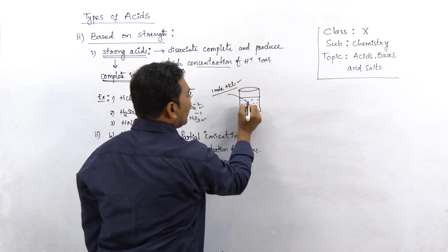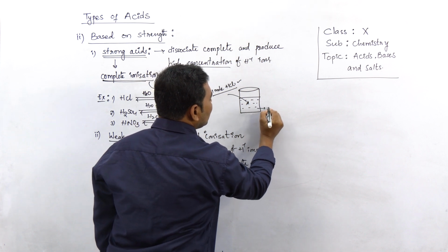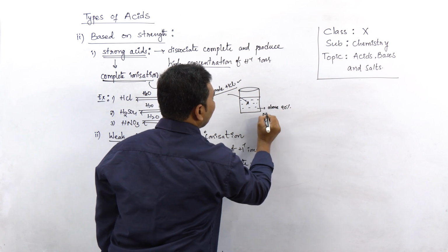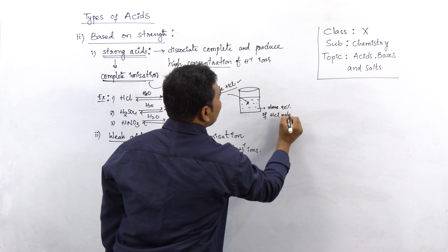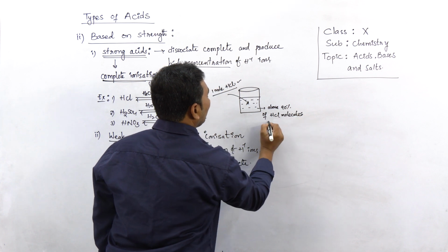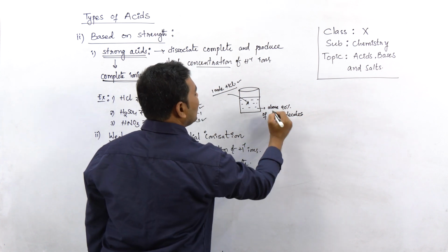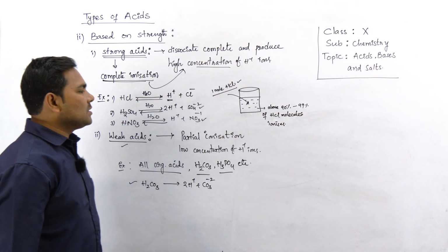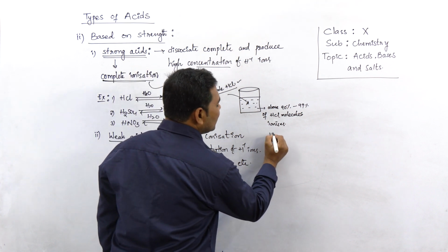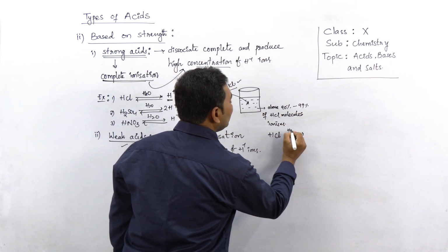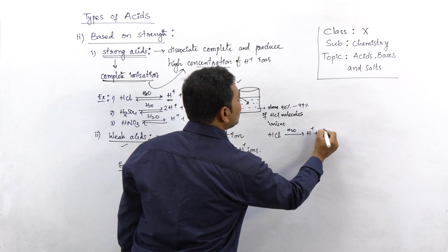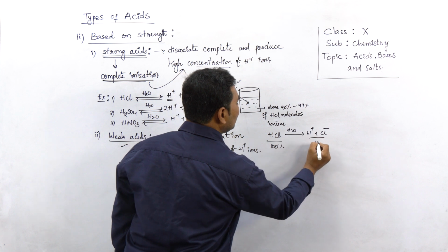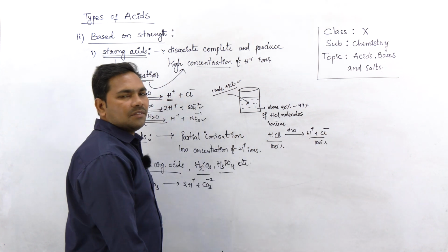When it is added, above 90 to 99% of HCl molecules undergo ionization. As a result, HCl in water splits into H+ and Cl-. Almost all molecules split, essentially 100%.